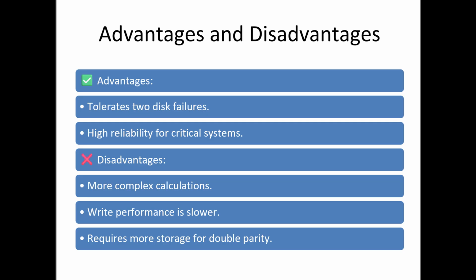It has complex parity maths, which requires more CPU usage compared to RAID 5. Rebuilds are slower because reconstructing two disks can take a long time, especially with multi terabyte drives, and as the parities also need more complex mathematical calculations, that takes some extra time, and during rebuild the performance suffers.